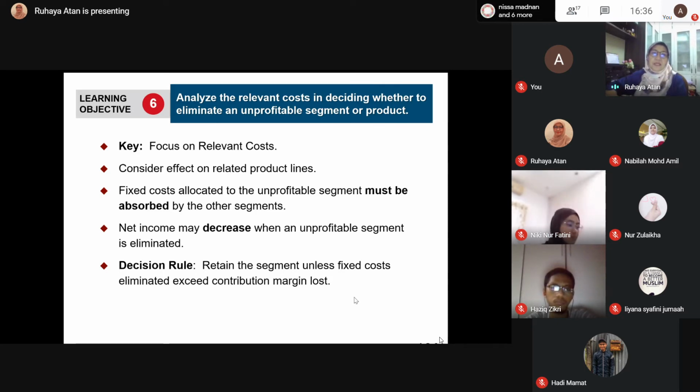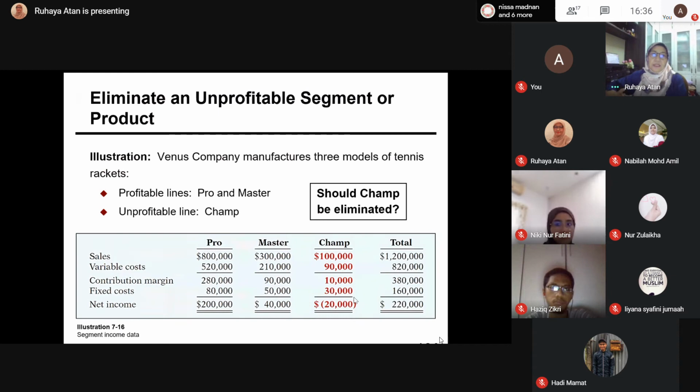Let's look at how we do the calculation. Again, you have to take into consideration the relevant costs. So here in this business, Venus Company manufactures 3 models of tennis rackets: Pro, Master, and Champ.